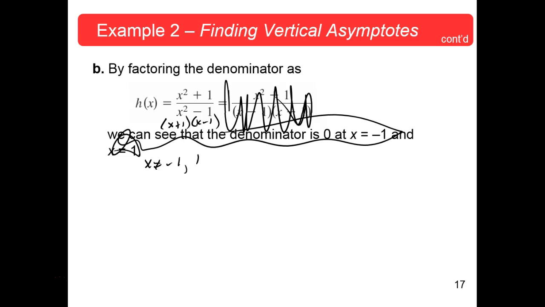That tells you something right there. This function will have no zeros. There's no way you could ever make that numerator 0. Because you square any number in the world, positive, negative, whatever, it is non-negative, add 1 to it, and then it's got to be positive. So all of this is going to be above the x-axis. So obviously, neither one of those will make that 0. So those are vertical asymptotes.